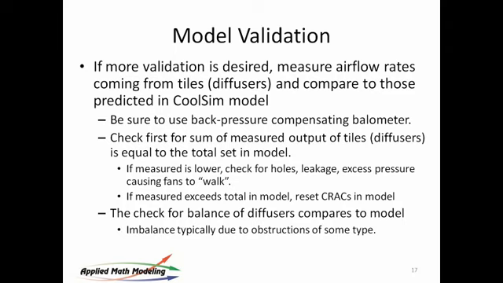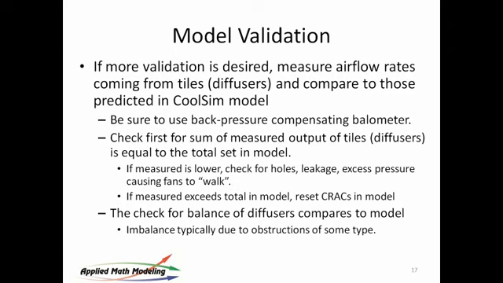I mean, there's a reason why. Yeah. It's usually pressure or belt slippage or age. And if it exceeds the total in the model, then reset the cracks on the model, because I have seen them go the other way too, where they over-deliver. The specification says 10,000, they measure them, they're producing 12. So there's that case too.